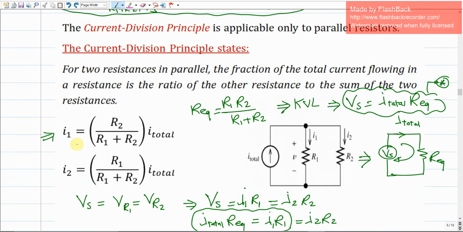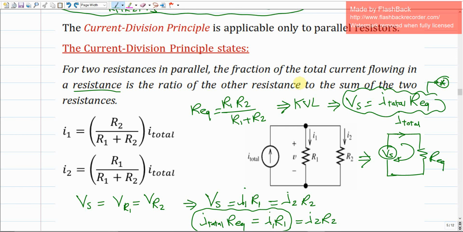The current division principle states that, in case we do have only two resistances, this expression is just for only two resistances, okay? In case we do have only two resistances which are in parallel, the fraction of the total current flowing in one of these two resistances is the ratio of the other resistance to the sum of the two resistances.